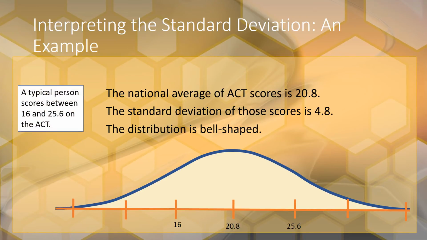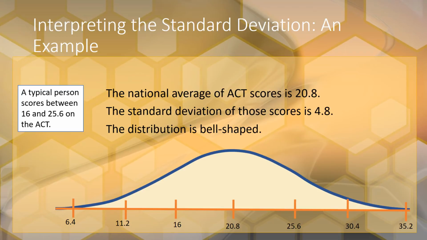Now we're going below the mean 1 standard deviation. So 20.8 minus 4.8, going to the left here, equals 16.